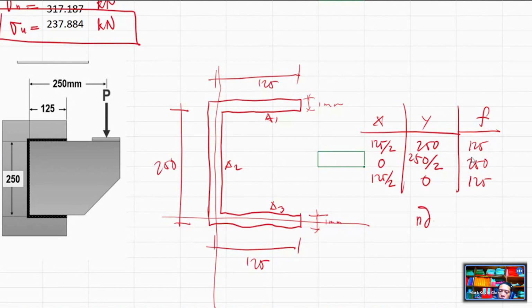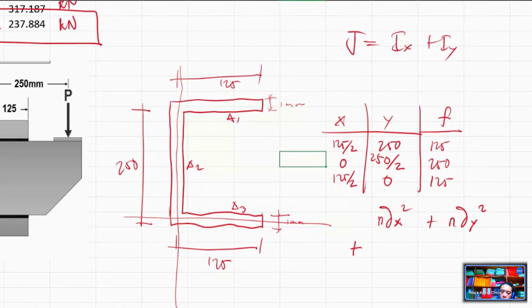You solve for the n dy, dx squared plus n dy squared, then add them. Take note, polar moment of inertia, J, is just defined as Ix plus Iy. That's why we add n dx squared plus n dy squared, then add the individual x and y moments of inertia.